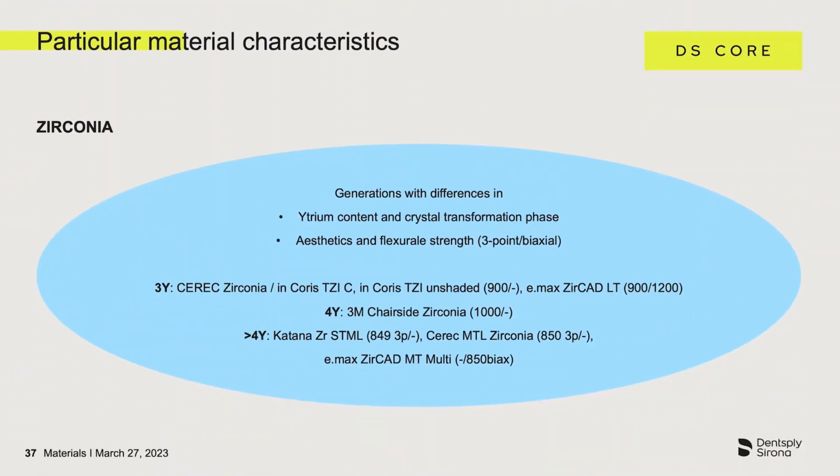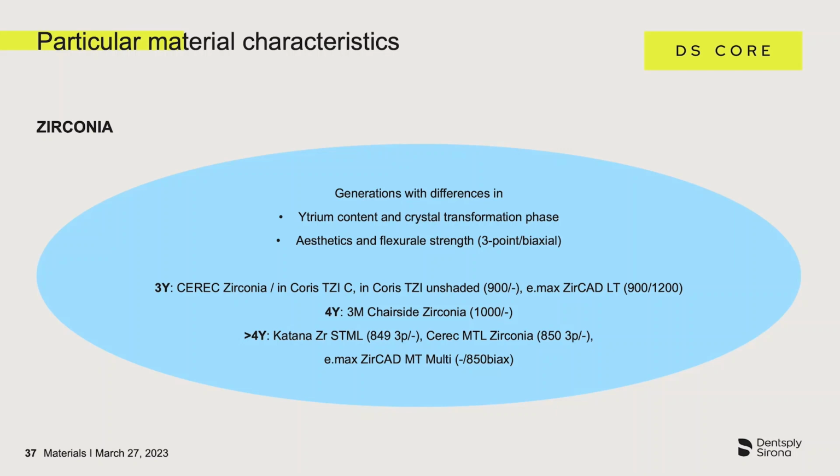With zircons, we distinguish between different generations of zirconium oxides. The decisive factor here is the yttrium oxide content. Yttrium oxide strengthens the zirconium and is the decisive factor for the stability, but also for the translucency.